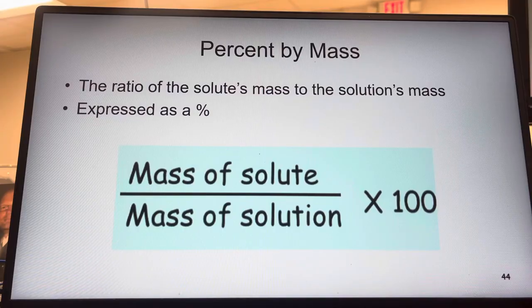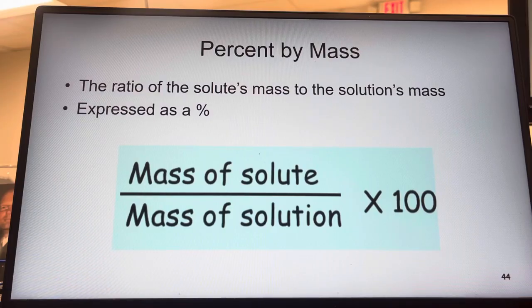All right, percent by mass. This is very similar to percent concentration of molecules that we did in the past. So it's just multiplying by 100, okay? And the units are expressed as a percentage. You already did this this week as a kind of introductory to this.